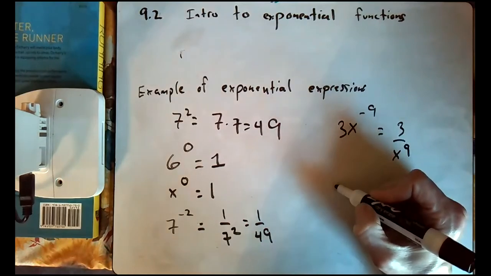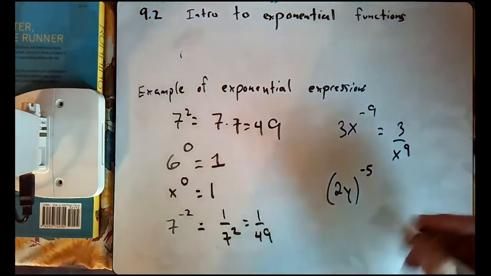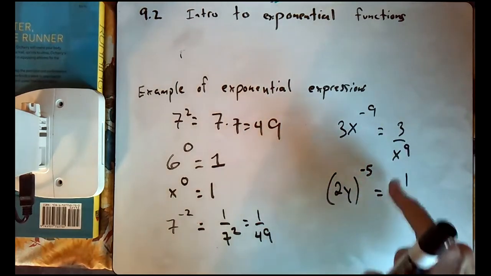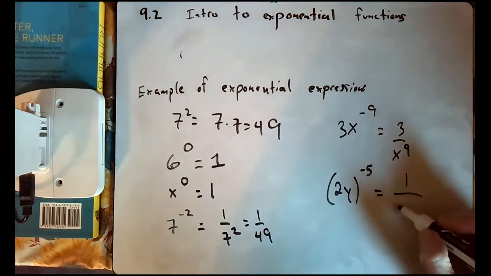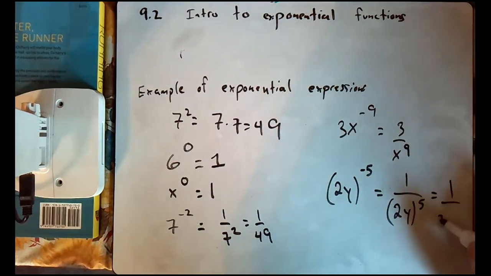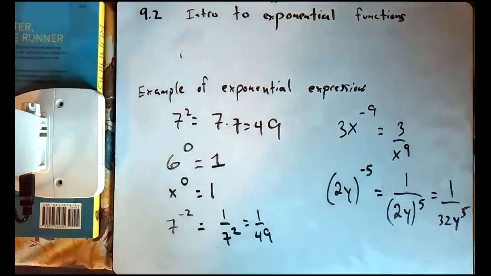But what if I had 2y to the negative 5th, all in parentheses? Then you would flip the 2 as well, because the whole thing is being raised to the negative 5th power. So that becomes 1 over 32 y to the 5th, because 2 to the 5th is 32, and y to the 5th is y to the 5th.